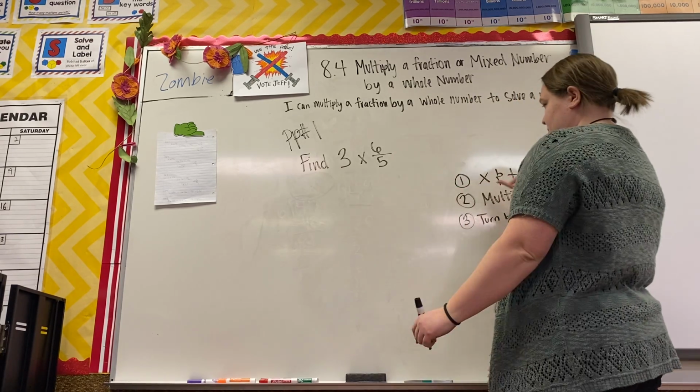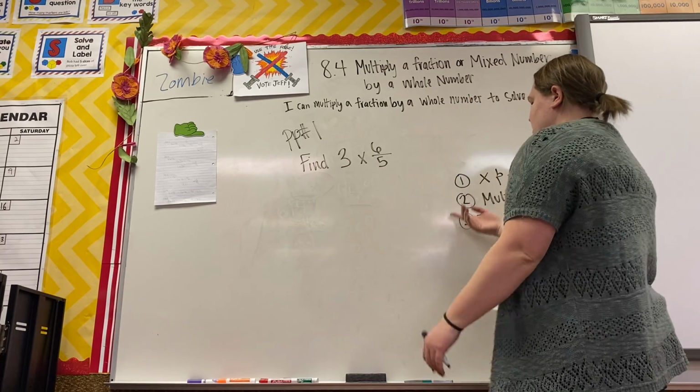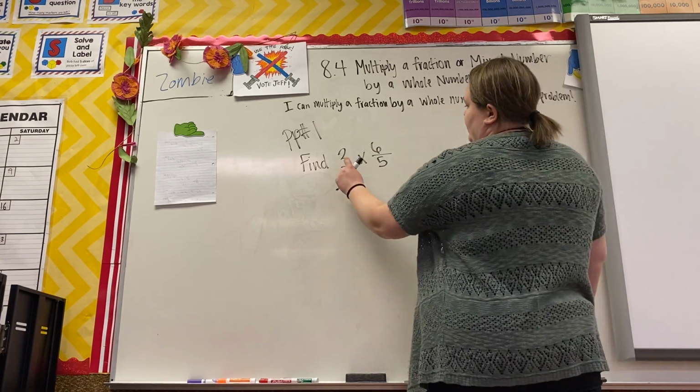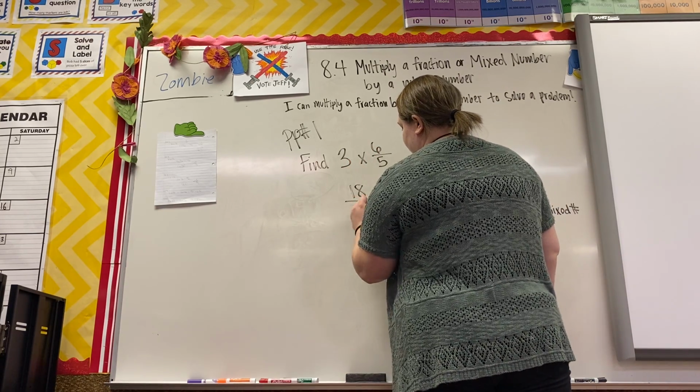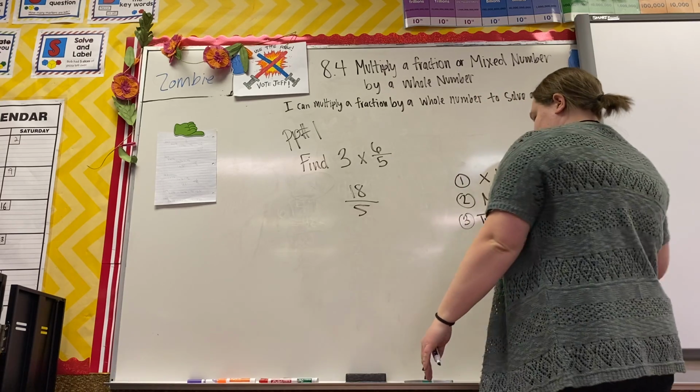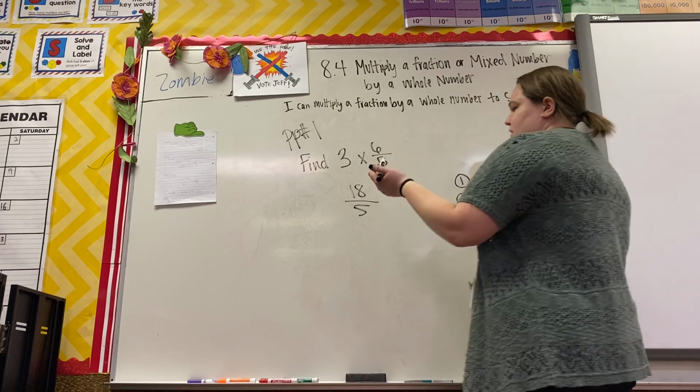So step number 1, times and add. Don't need to do that because I don't have a mixed number. Step 2, multiply. 3 times 6 is 18 over 5. Now I go straight back into turning it into a mixed number by dividing.